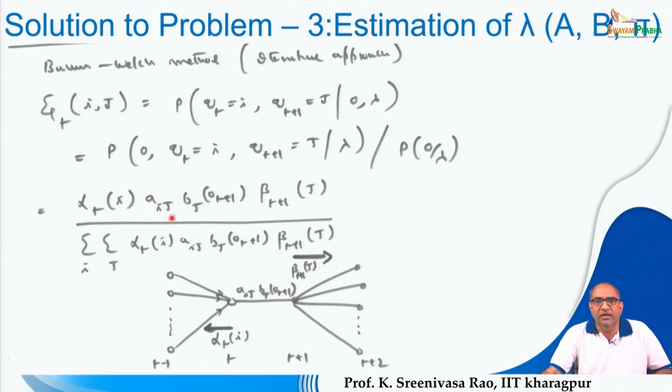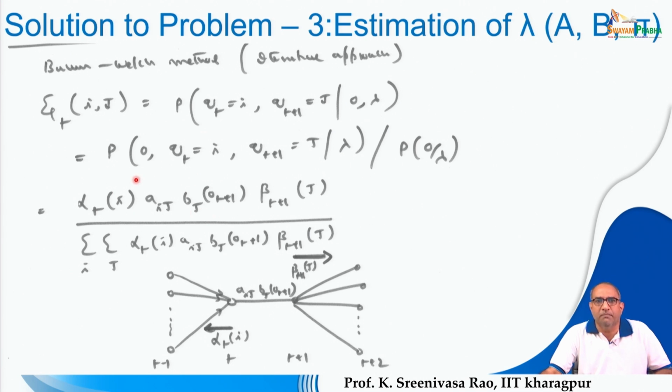Therefore, alpha t of i into a ij into b j of O t plus 1 into beta t plus 1 of j, where the symbol probability is b j of O t plus 1.